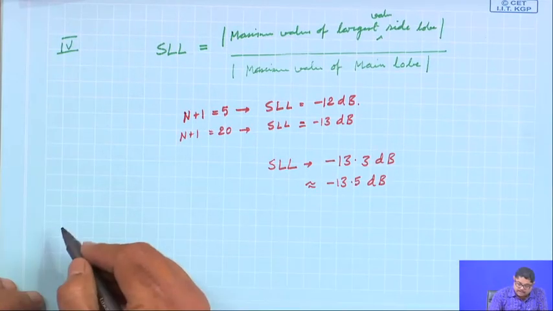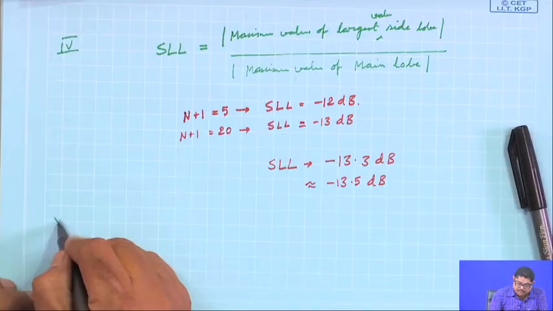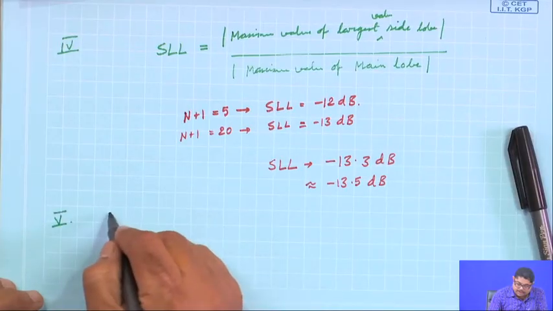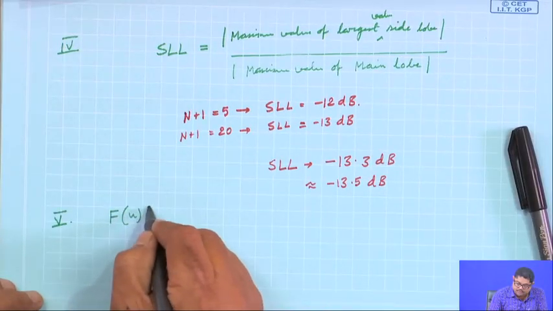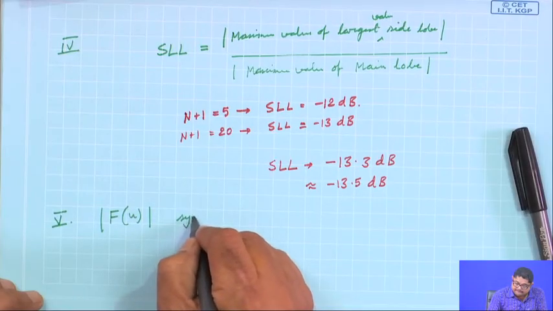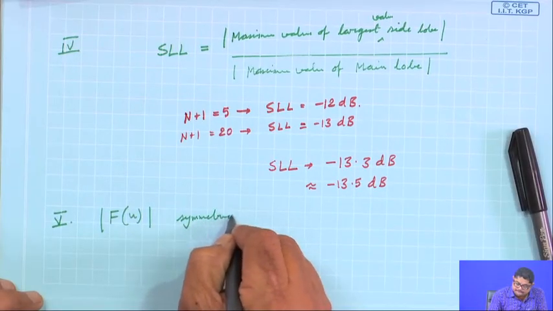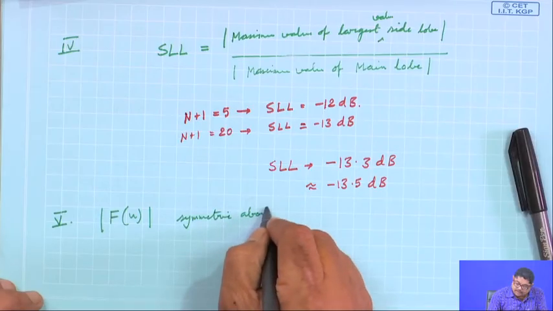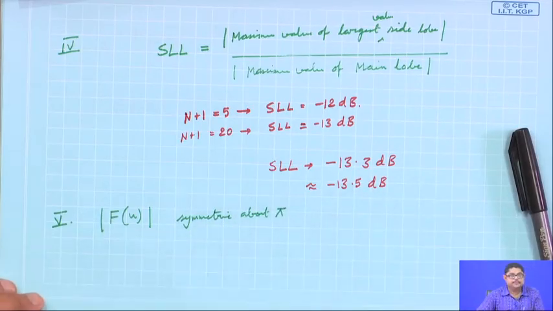Also, there is another property that you can easily prove, that F(u) is symmetric about pi.